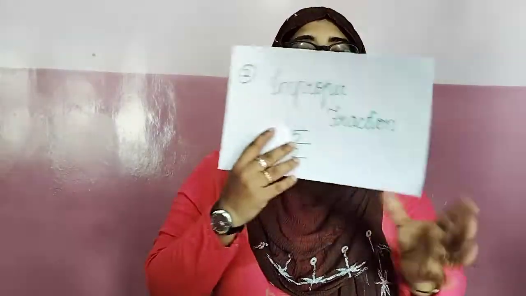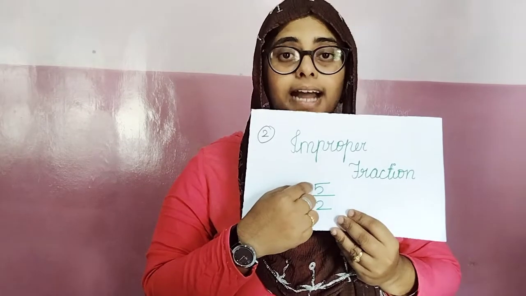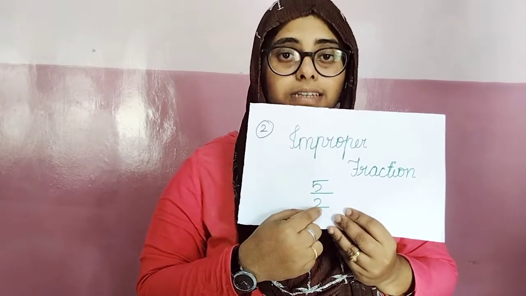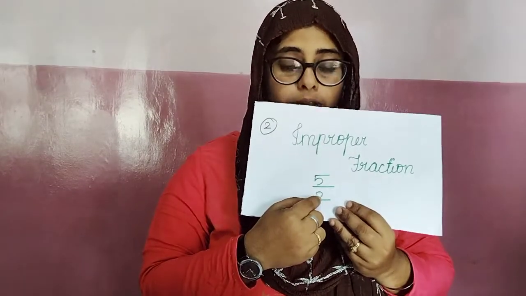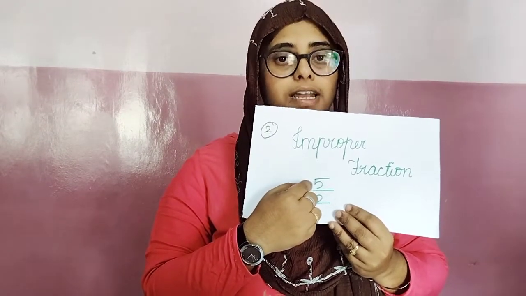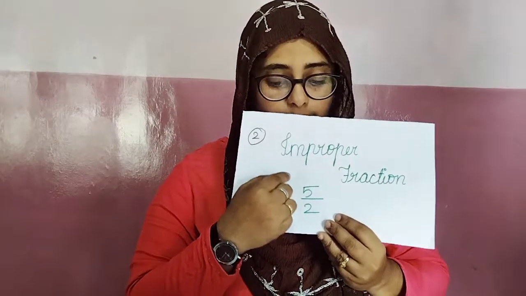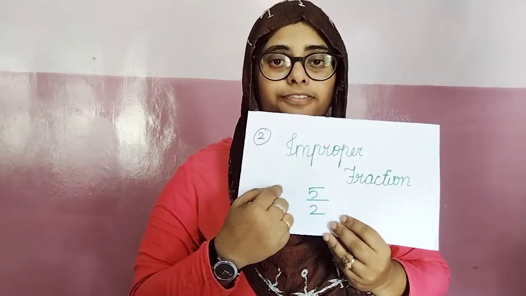The second type is the improper fraction. In an improper fraction, we have the numerator high and the denominator low. So 2 people, 5 chocolates. This is just a clue word for you to remember. So this is called an improper fraction.